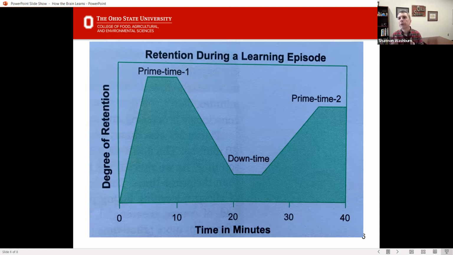Here's one of the biggest points that I want to draw from emphasizing the primacy recency effect in the learning process with you. It is this question: how can we structure our learning opportunities for the stakeholders we serve to best maximize the primacy recency effect? That's the first part of the question.